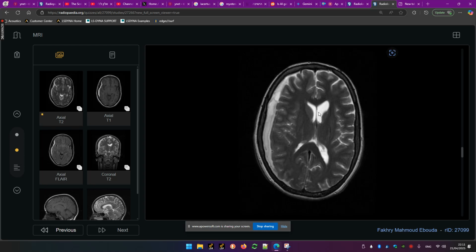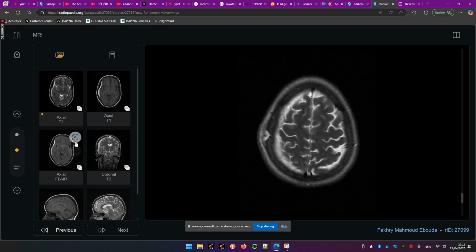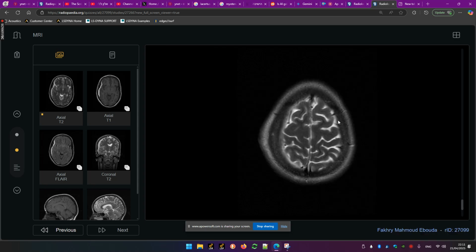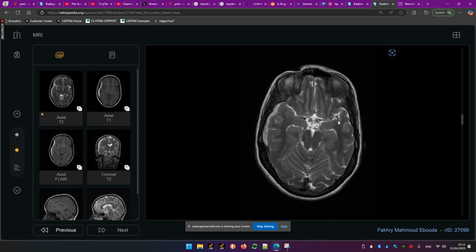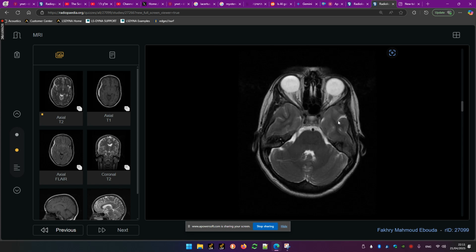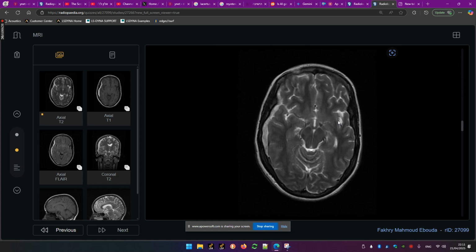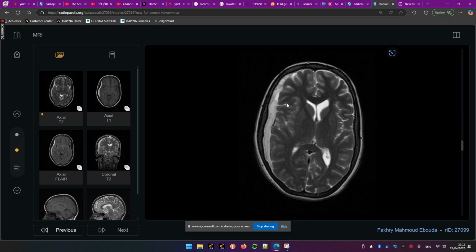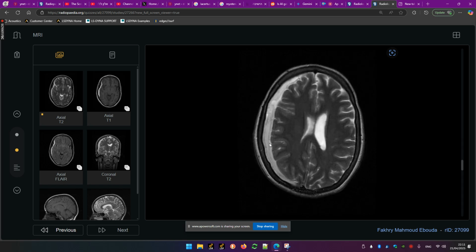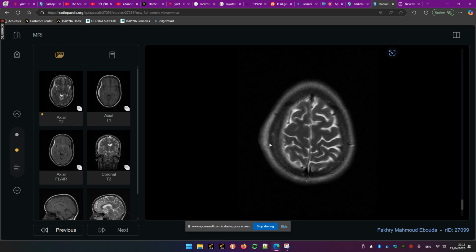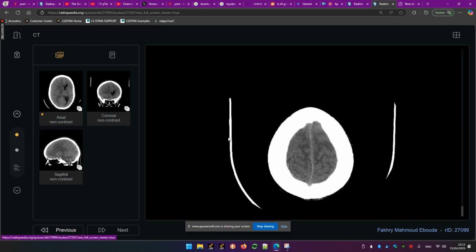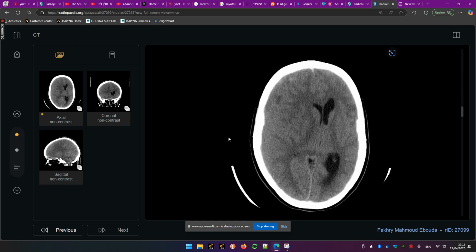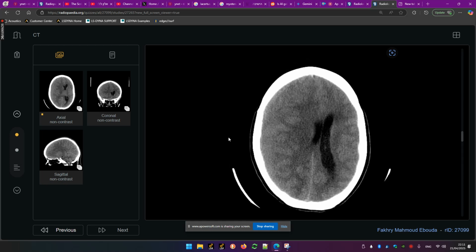We need to see if there is some herniation. The Mickey Mouse looks a little bit deviated, but quite fine. This subdural, what is it? This is subdural hematoma that is, I don't know, isodense.